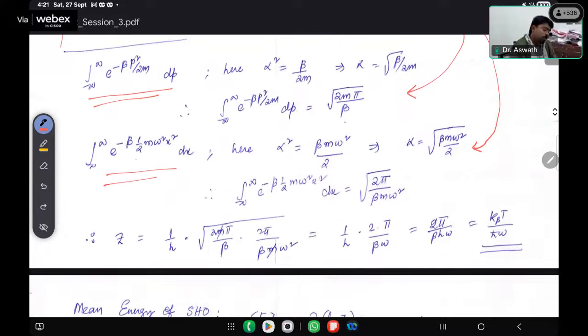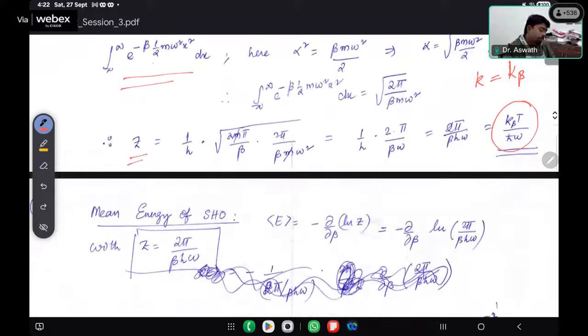And what you will get is that the overall z is simply equal to k B T divided by h cross omega. Boltzmann constant, sometimes I will write k, sometimes I will write k B; both are the same. The B stands for Boltzmann constant in the subscript. So z is simply k T divided by h cross omega, or sometimes I write it as 2 pi times h omega, where h by 2 pi is h cross.